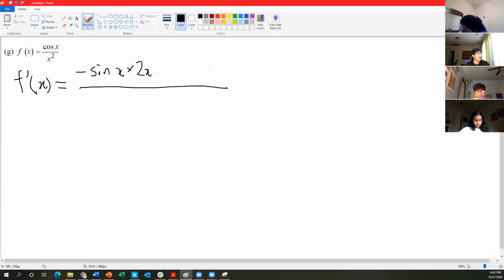Minus cos x. What did we do wrong? We did something wrong here. Low stays the same, so it would be x squared, right? Low d high minus high. Oh, cos x times 2x. Yes, this is where the 2x would come.